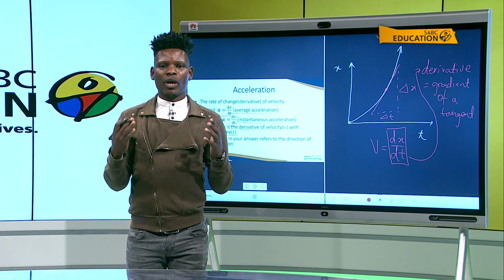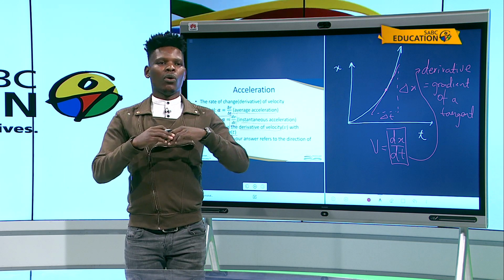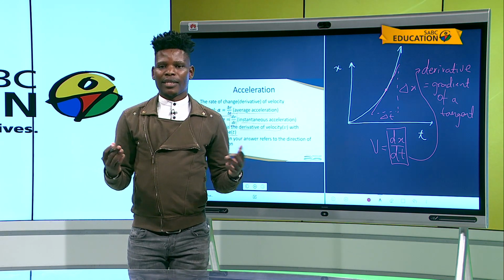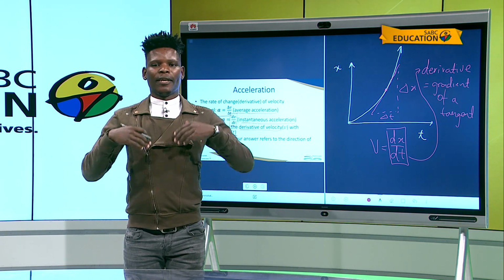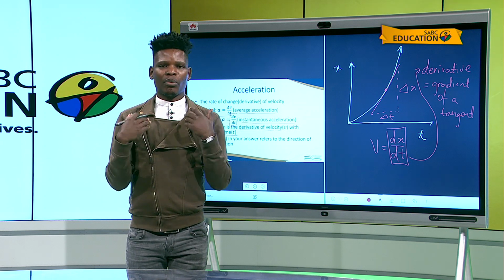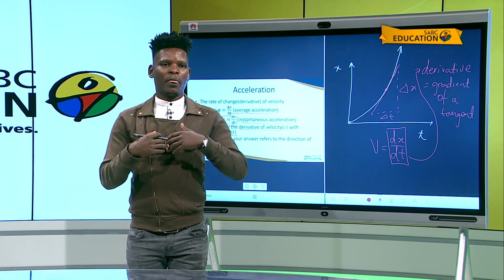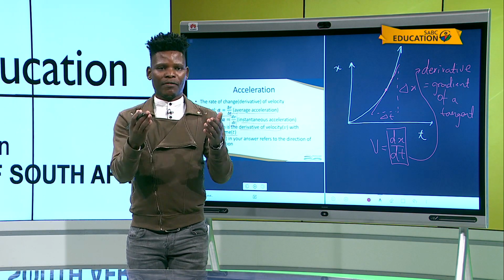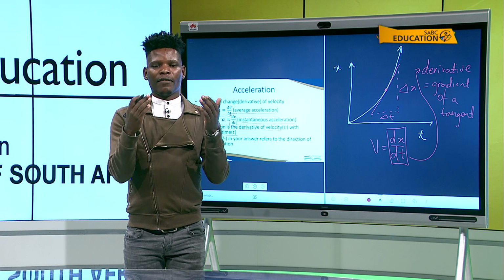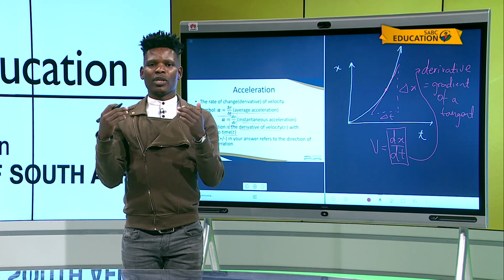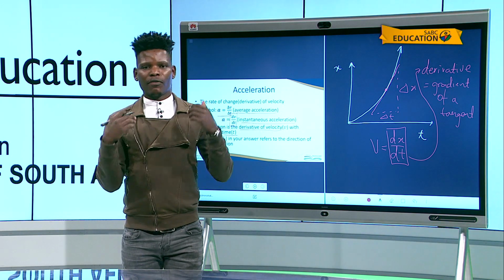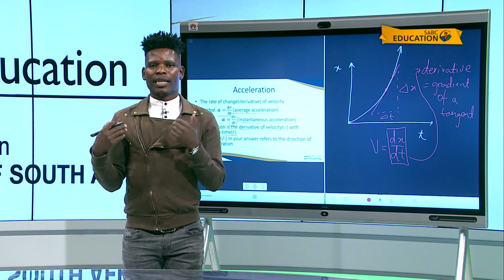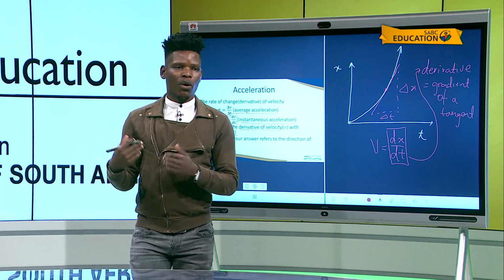So in a question where you are given an expression for displacement, for instance, they can ask you questions about the velocity, they can ask you about the acceleration of that particular object, and so forth. All you need to know is that you need to derive. If you derive the expression for displacement, that will give you an expression for velocity. If you derive the expression for velocity, that will give you the expression for acceleration.